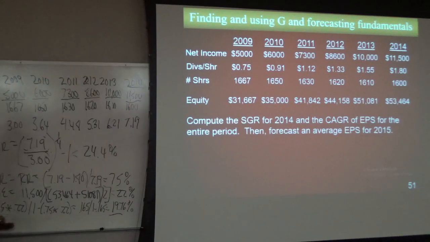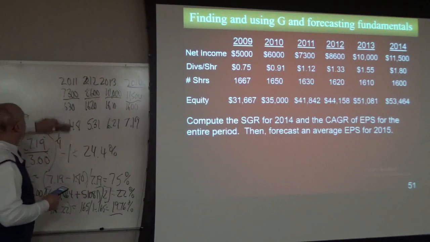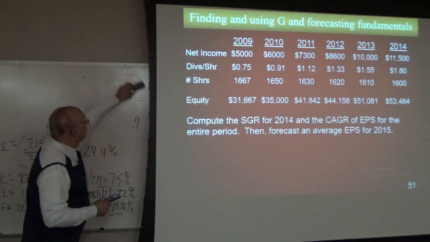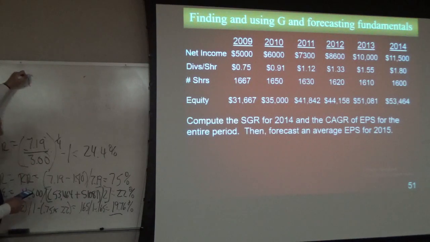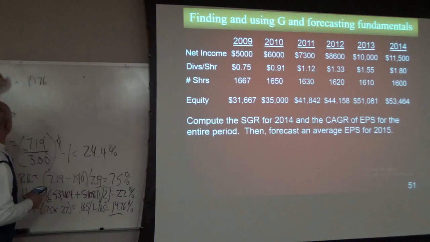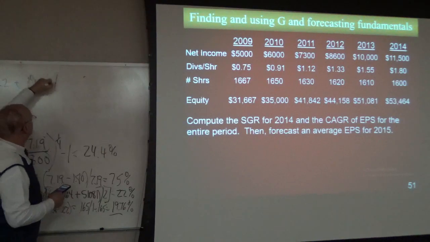Okay, so now let's go ahead and erase this so we can make a little bit of room up here. So let's take our two growth rates. So we have 0.22 plus 0.1976 divided by 2.